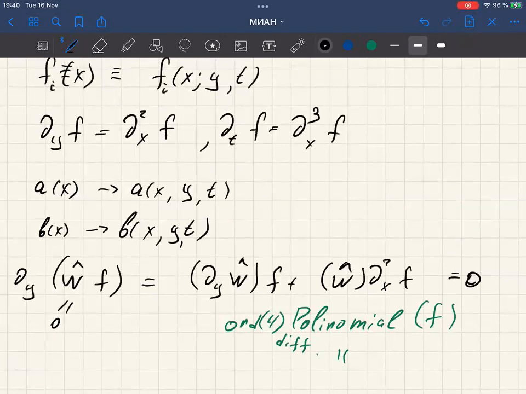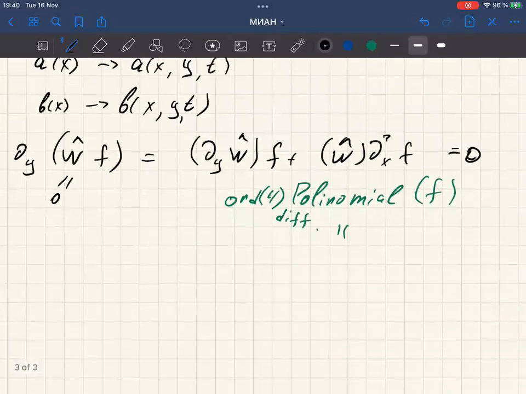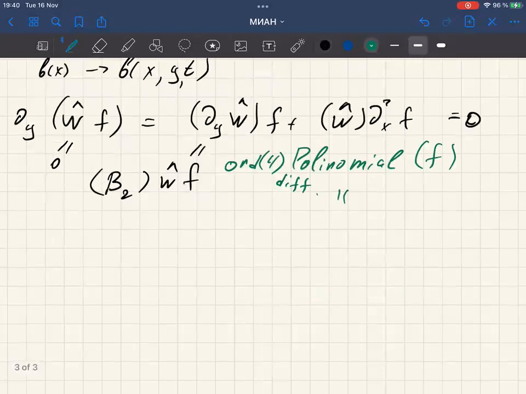So it could be written as some b2 acting on, where here is a second order differential polynomial.